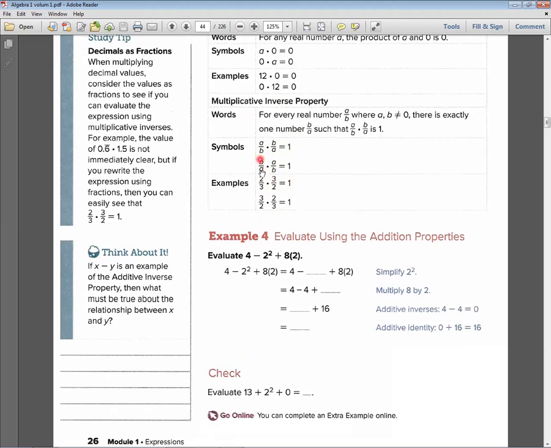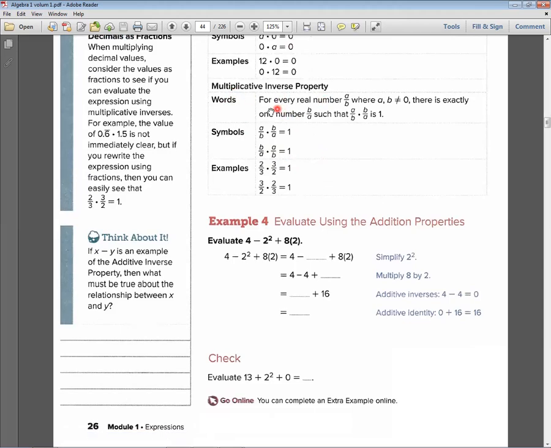The product of b over a and a over b equals 1 also. This we call the multiplicative inverse property. For every real number a over b, where a and b don't equal 0, there is exactly one number b over a, such that a over b dot b over a equals 1.